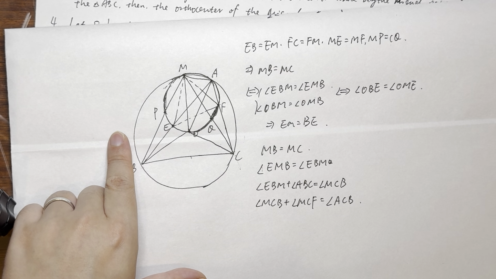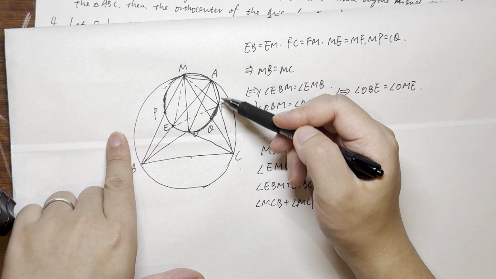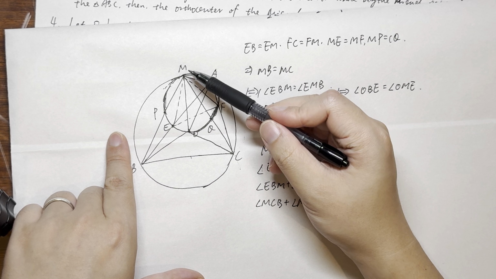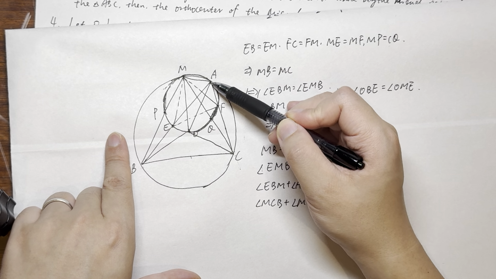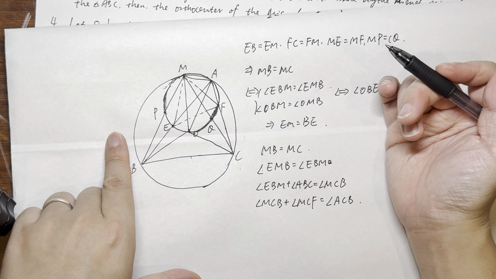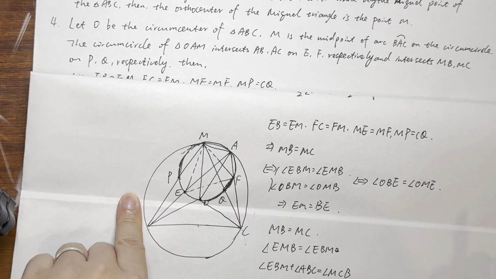Actually, angle MEF equals angle MOF may be easier because angle MOF can be rewritten as angle MOA plus angle AOF. Am I circling here? Let me think.